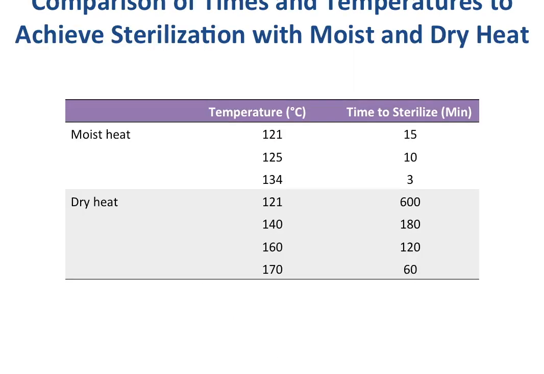This table shows the moist heat and dry heat. We can see moist heat is better than dry heat, because the temperature is relatively low and the time that this heat needed is also short.